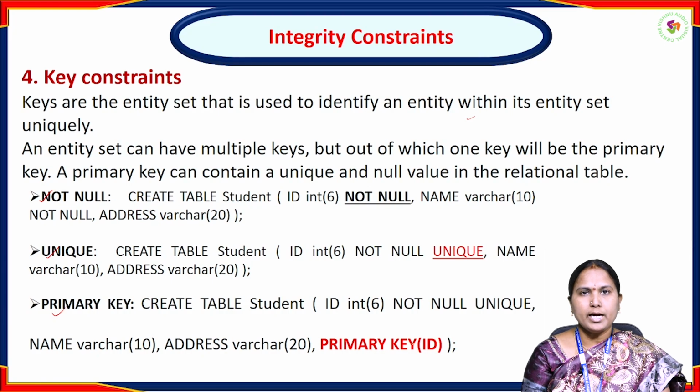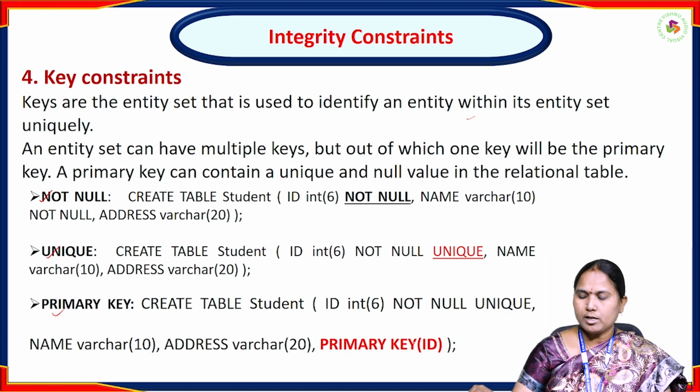If at any moment you insert a null value, it does not accept. If at any moment you insert a duplicate, it does not allow. This is the speciality of the primary key constraint: unique plus not null equals primary key constraint.